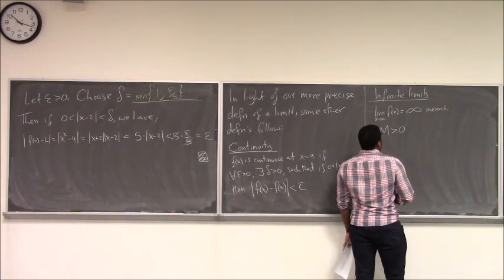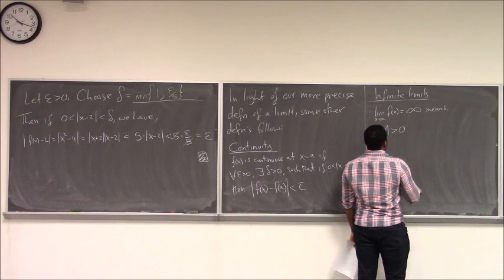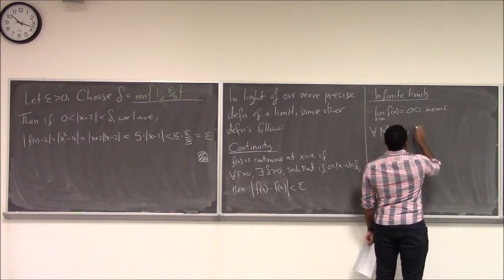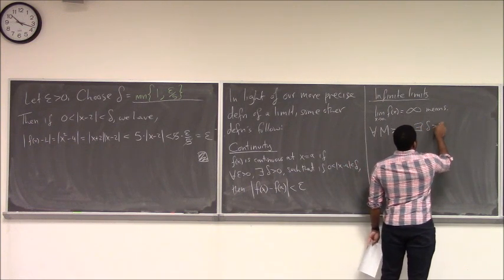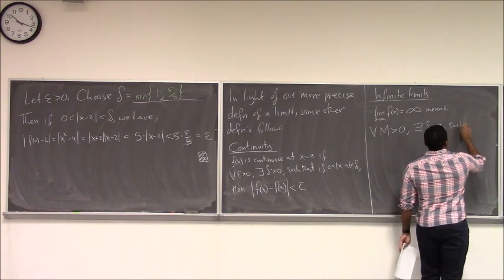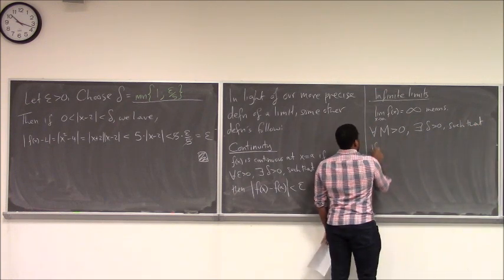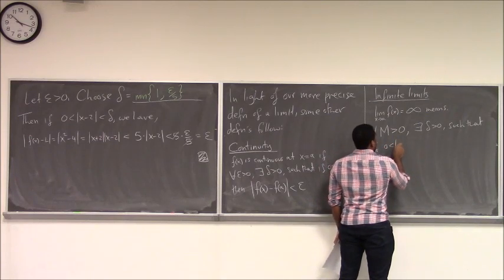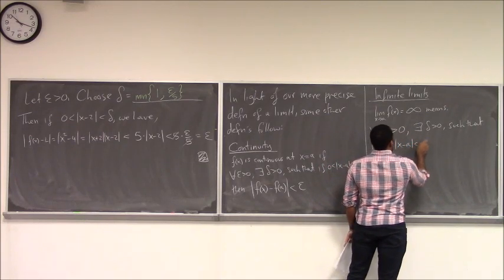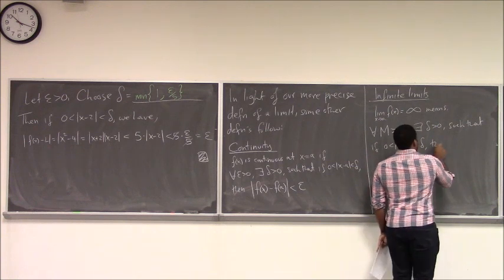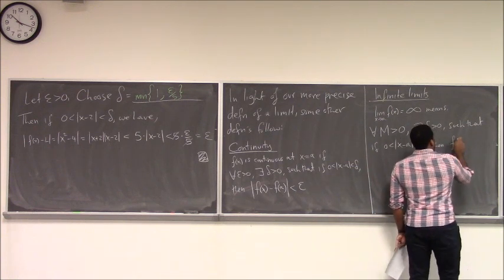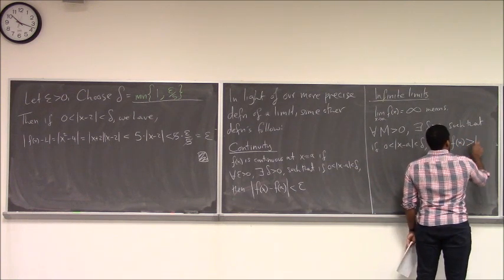For any large number, there exists a delta greater than 0 such that if your x gets very close to a by that delta, then your f of x will exceed that value M.